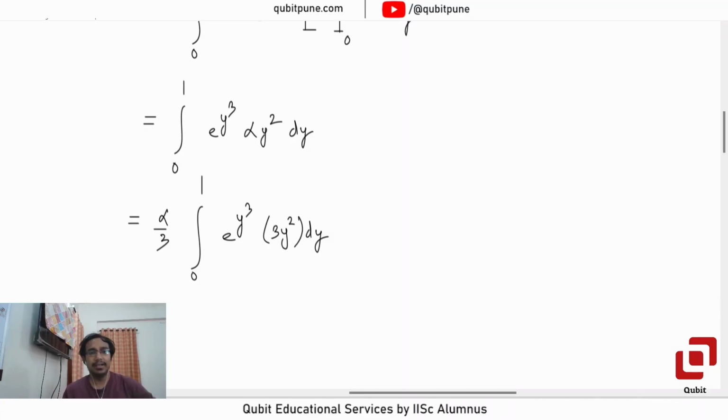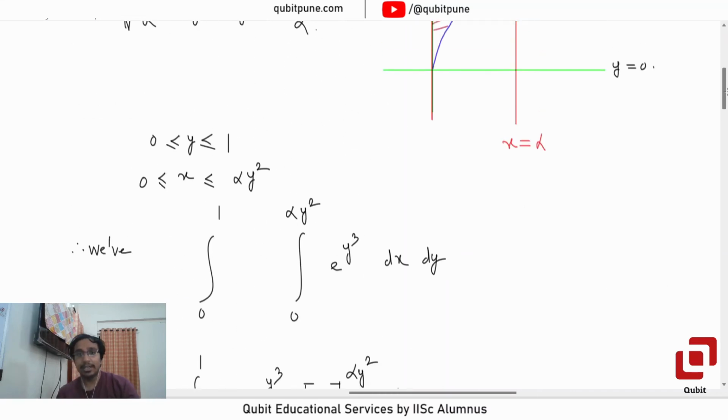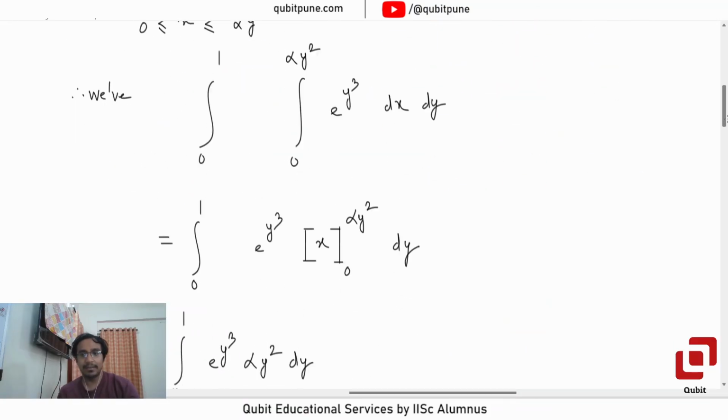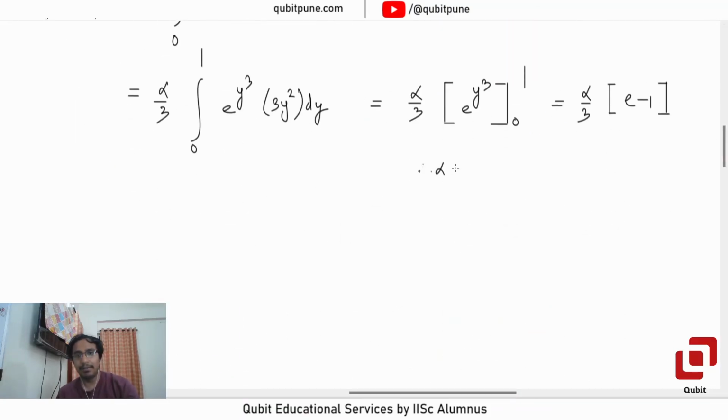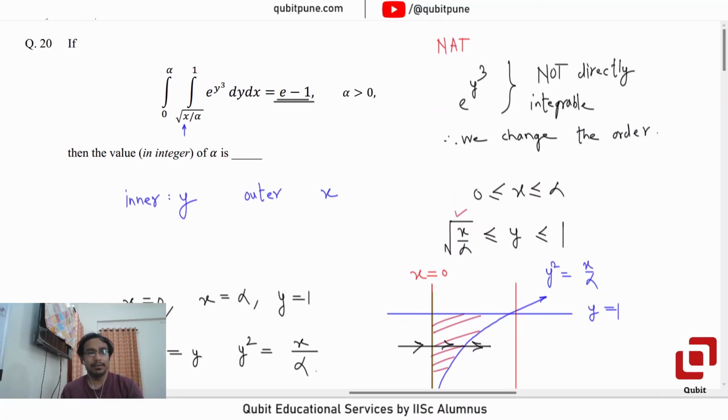So finally the integral will be e raised to y cubed with limits 0 and 1. So alpha by 3 into e minus 1, but the actual answer is e minus 1. The actual answer itself is e minus 1, so alpha will be equal to 3.